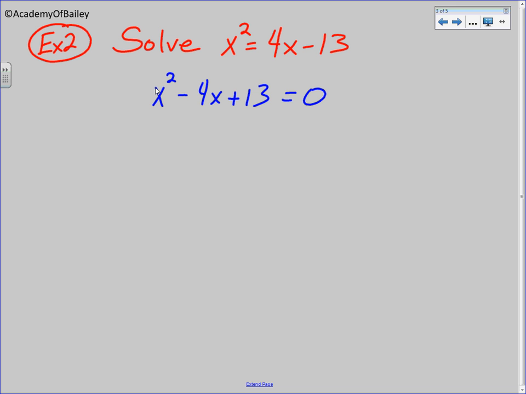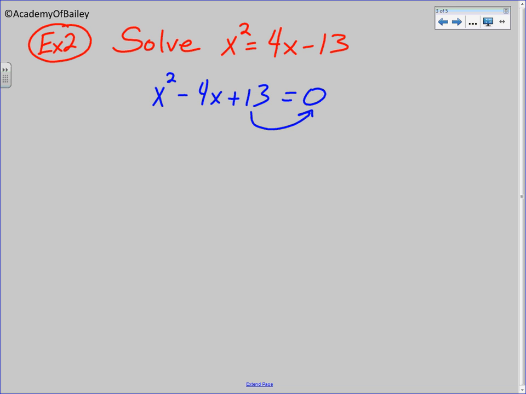If we're solving using completing the square, first step, send this over. I didn't really tell you the steps in the last one. First step, you can get x squared and x on one side and get the number without a variable on the other side. Step number 2 would be to determine what c is, and then step number 3 would be to simplify and factor.